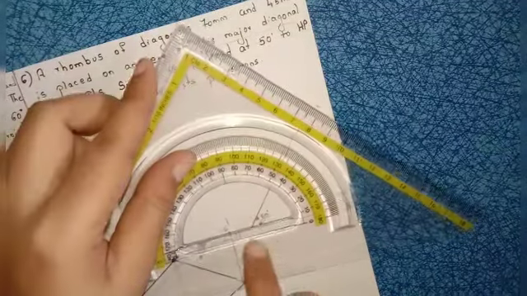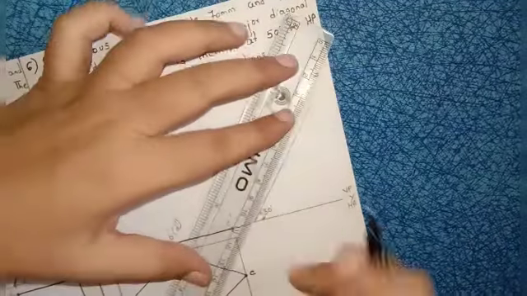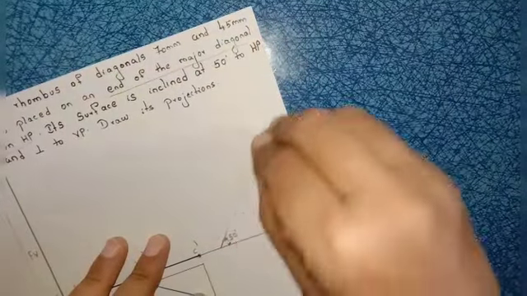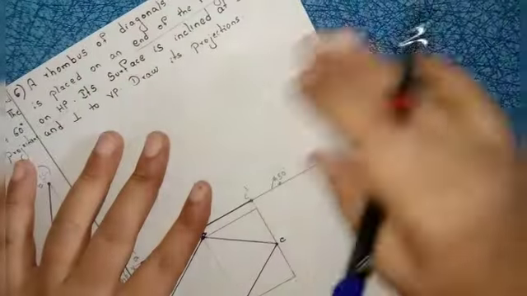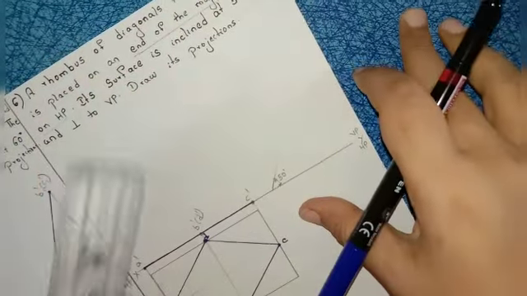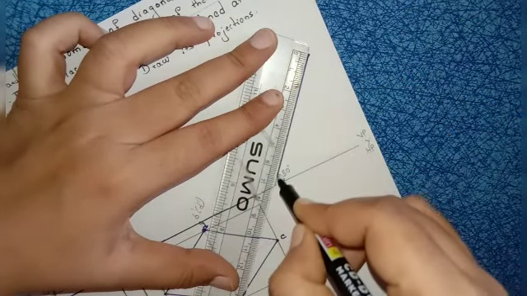You are going to place your protractor here, mark 50 degrees and we draw this line. Measure the distance from A to C and draw here.